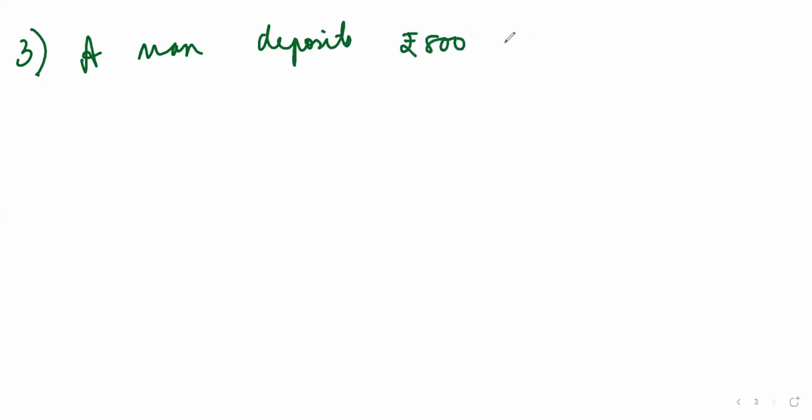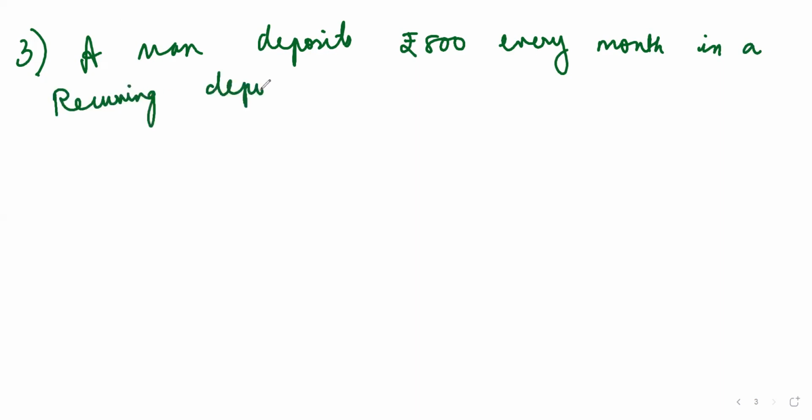Next. Question number 3. A man deposits rupees 800 every month in a recurring deposit account for 6 months.